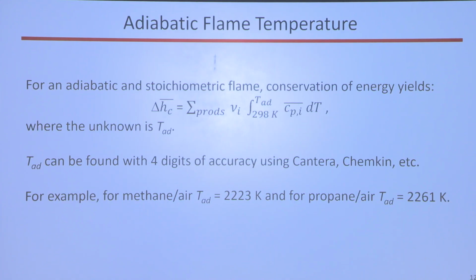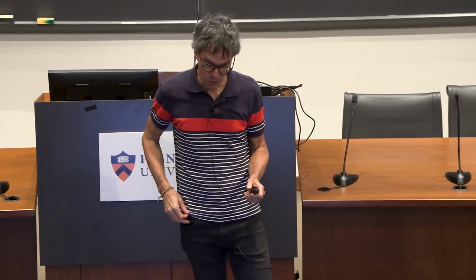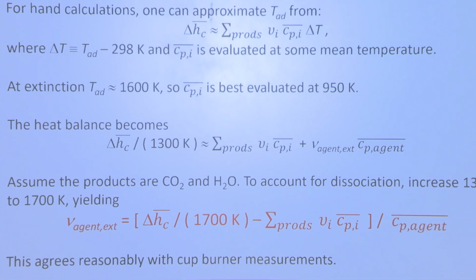But for the cup burner test, it's really not necessary to go to all the difficulty of Cantera calculations, although certainly you could. You can also do some hand calculations and get pretty close to estimating the inerting concentration, the amount of nitrogen or CO2 that's needed to extinguish, say, a methane flame. And that's demonstrated on this slide, where we do a heat balance at extinction.